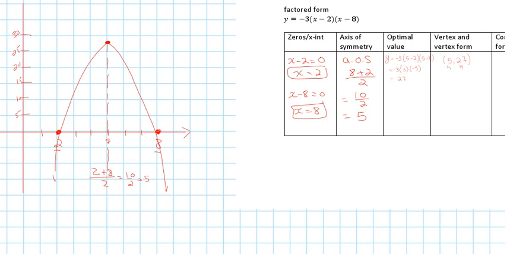Plug it in for x to find the y value of my vertex so that I can sketch. Okay? Now, I found the vertex. Can I write it in vertex form? Because I know my vertex, I can write it in vertex form. Can you guys remind me what the vertex form is?